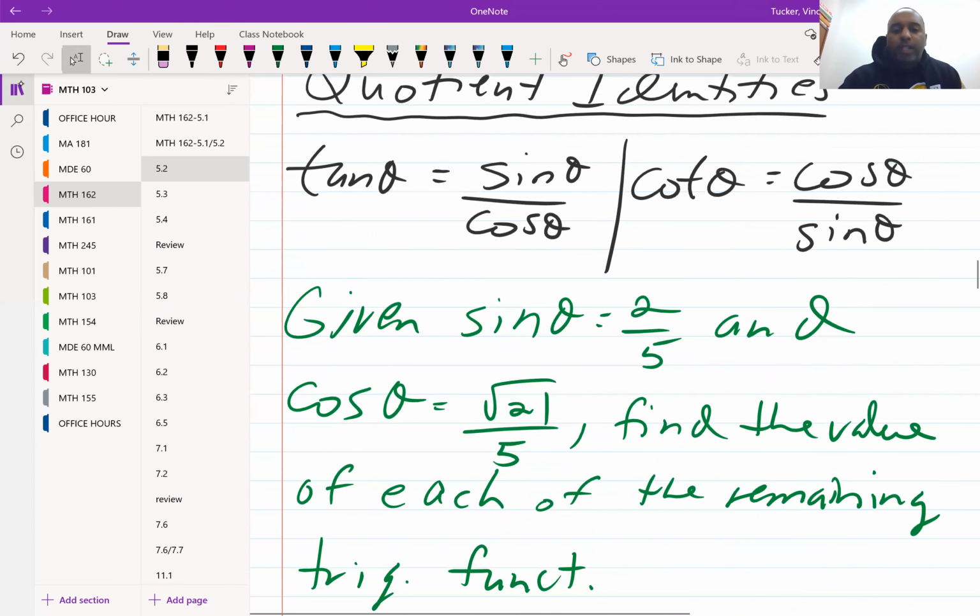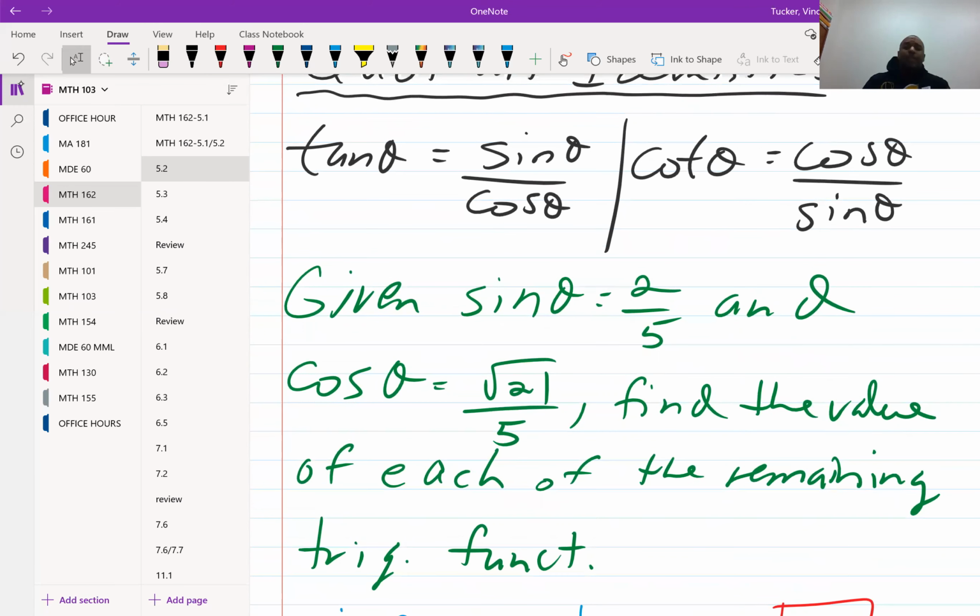All right, so the next exercise says, given that sine theta is 2/5 and cosine theta is square root of 21/5, find the value of each of the remaining trig functions.